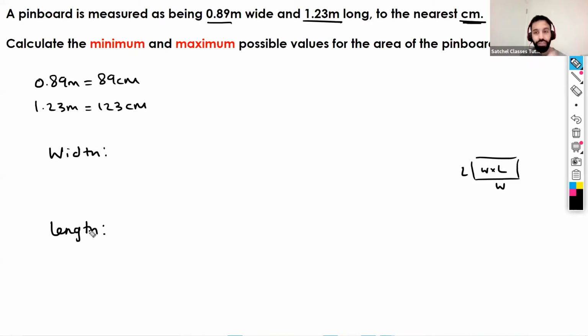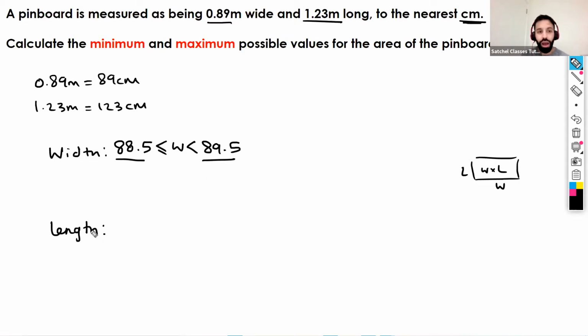So the error interval for the width is going to be, again, you can draw your number line, but because it's to the nearest centimeter, that's going to be 88.5, and 89.5 would be the upper bound. So these are our bounds, our lower bound and our upper bound.